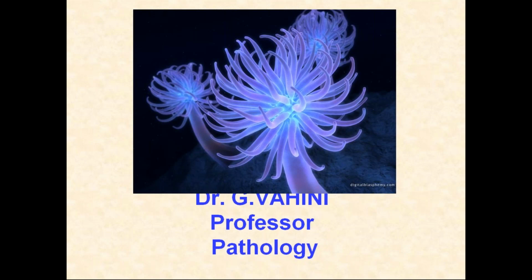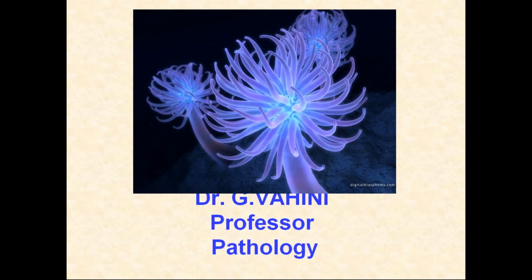So shall we start the class? We were dealing with the kidney topic. We had discussed the anatomy of the kidney, the major clinical features, the causes of nephritic syndrome and the causes of nephrotic syndrome.